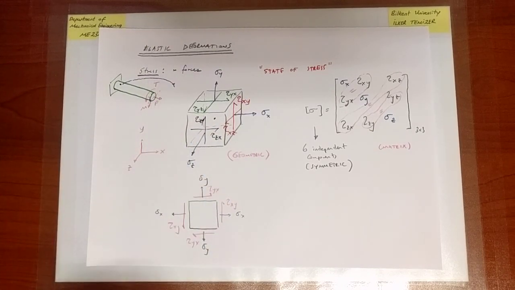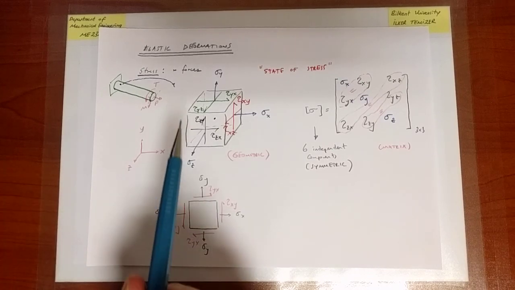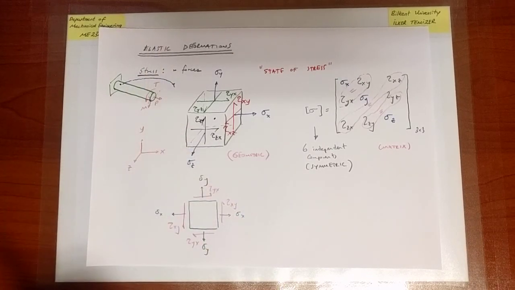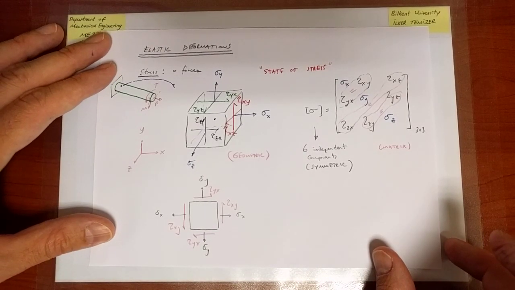Now, when you subject a material to a certain state of stress, eventually we also know that it is going to deform. The calculation of that deformation will eventually depend on the material behavior itself. In this discussion, we are going to eventually assume elastic deformations. But deformation will occur whether or not deformations are elastic.